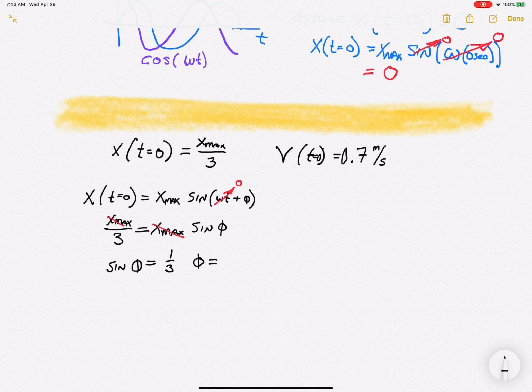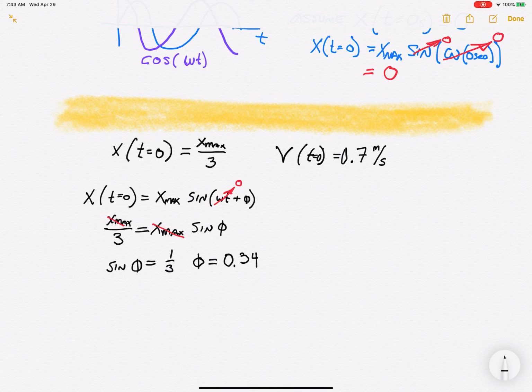We're going to do the inverse sine of 1/3, and we get phi equals 0.34.